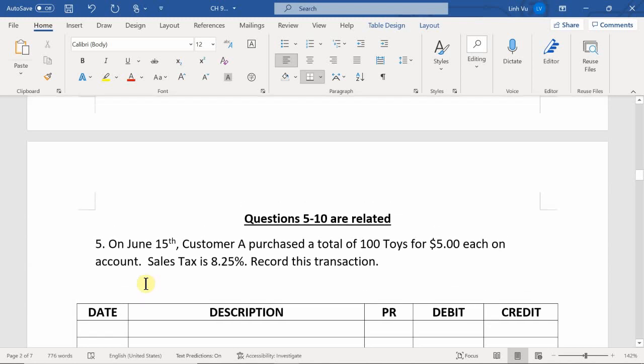On June 15, customer A decides to purchase a total of 100 toys for $5 each on an account. Sales tax is 8.25%. Record this transaction.